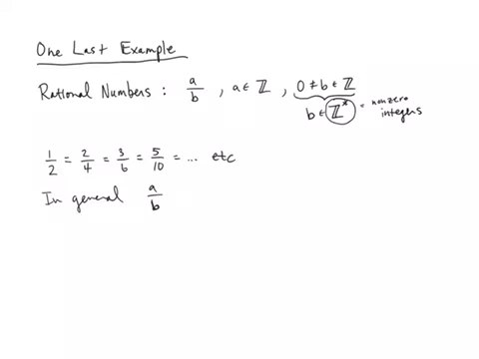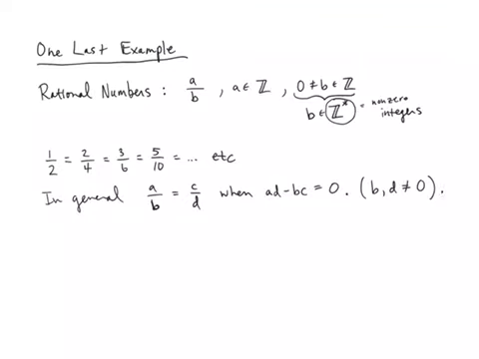You have this pair of integers, a and b, and we write a over b, but that's to be understood as equal to c over d, a potentially different pair, when ad minus bc equals 0. Again, we're assuming here that neither b nor d is equal to 0.